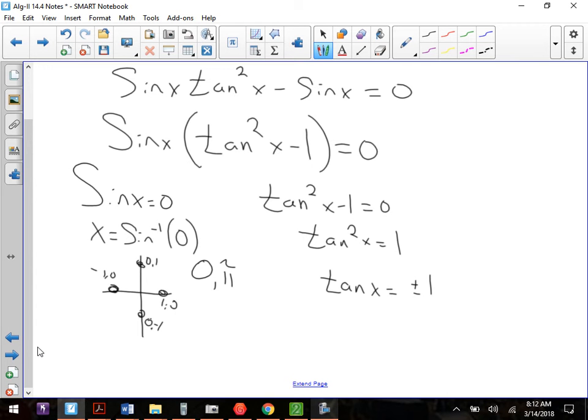The function itself is squared. So when you don't write it as tangent x squared, it's tangent squared of x. Okay. So now I'm at the point of what angle has a tangent value of plus or minus 1.